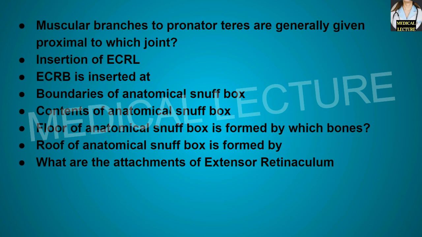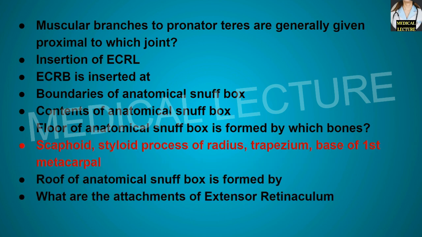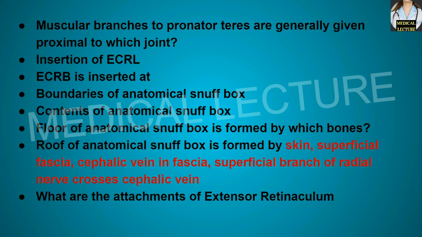Now, the floor of the anatomical snuff box is formed by which bones? By the scaphoid, styloid process of the radius, trapezium, and the base of the first metacarpal bone. Roof of the anatomical snuff box is formed by skin, superficial fascia, and cephalic vein. Superficial branch of the radial nerve crosses the cephalic vein over here.